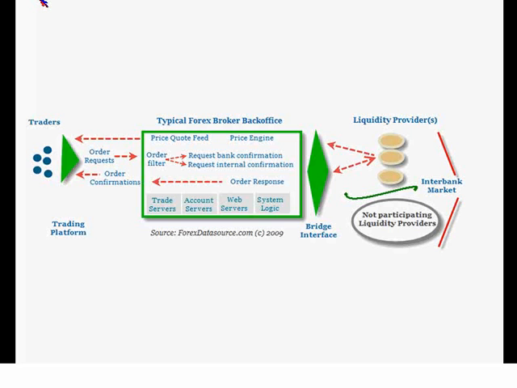It has to be connected with the accounts servers, the web servers, particularly if you have a web-based trading platform. And there's also other system logic that goes into providing good service to clients. So this graph that you have seen here just goes to say a broker should have a level of sophistication in order to control this level of platforms, of trade execution.